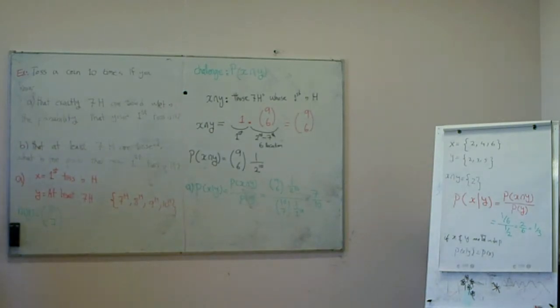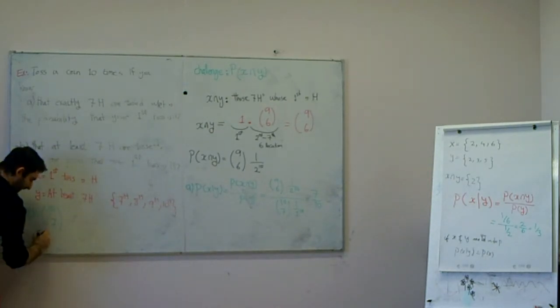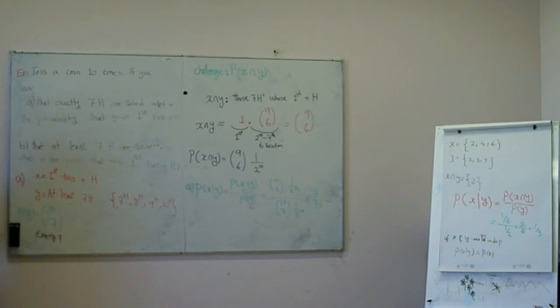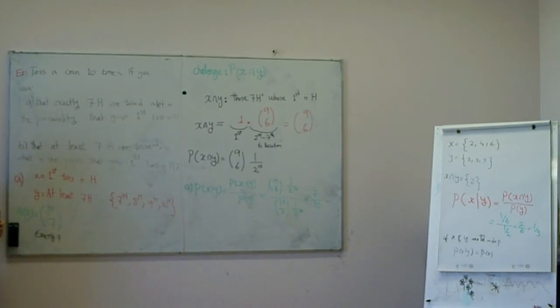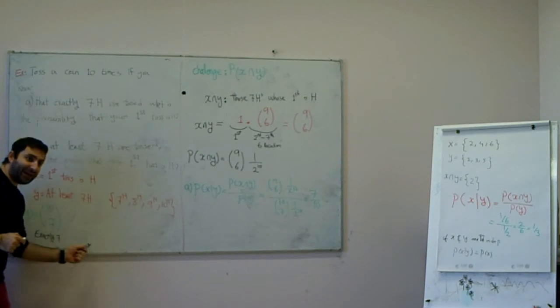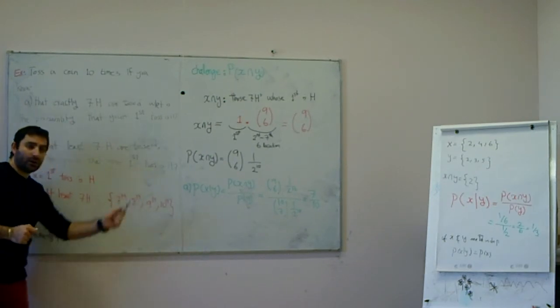This means exactly 7. But now it says at least 7, which means exactly 7, or exactly 8, or exactly 9, or exactly 10.